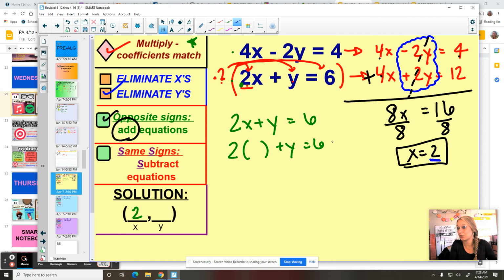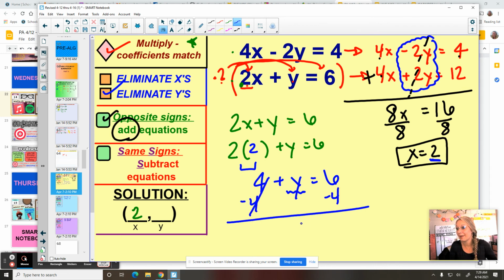I found that x was 2. I plug in 2 for x here. Now I just solve my equation. 2 times 2 is 4, plus y equals 6. To isolate y, I'm going to subtract 4 from both sides. And when you do 6 minus 4, you get that y is equal to 2.